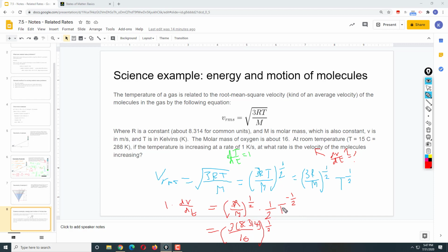Sorry, when I took the derivative of T, I forgot to do the chain rule. So it's dT over dt times the rate of change of temperature. Next, we have times 1/2. And then big T, we're told, is about 288 because we need to use kelvins for this. And then dT over dt is 1, as we're told.